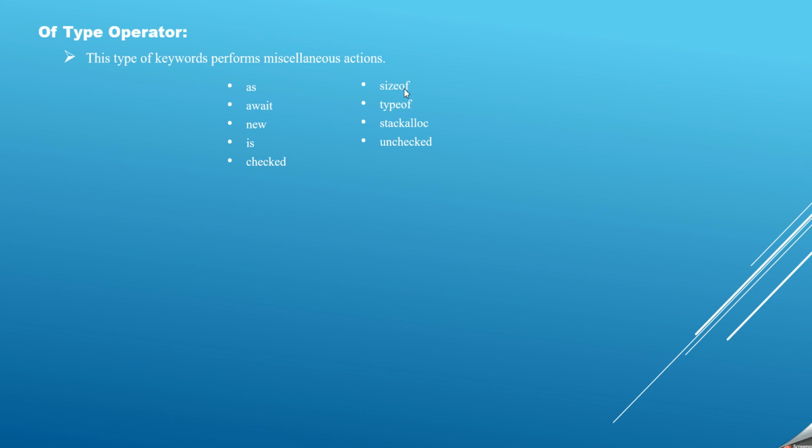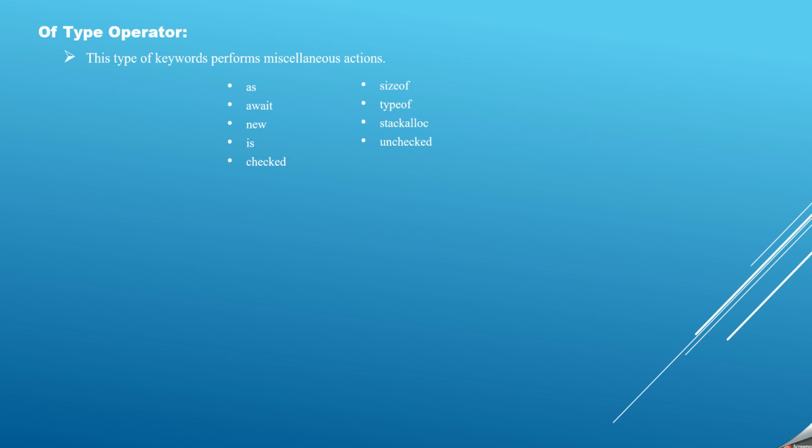I'm just simply highlighting sizeof, the keyword you use when you want to get the size of a particular member or variable. Let's suppose there is a variable, string my data, and it contains Sunil Kumar Malana, or maybe your name. If you want to get the size, you can go for this operator.